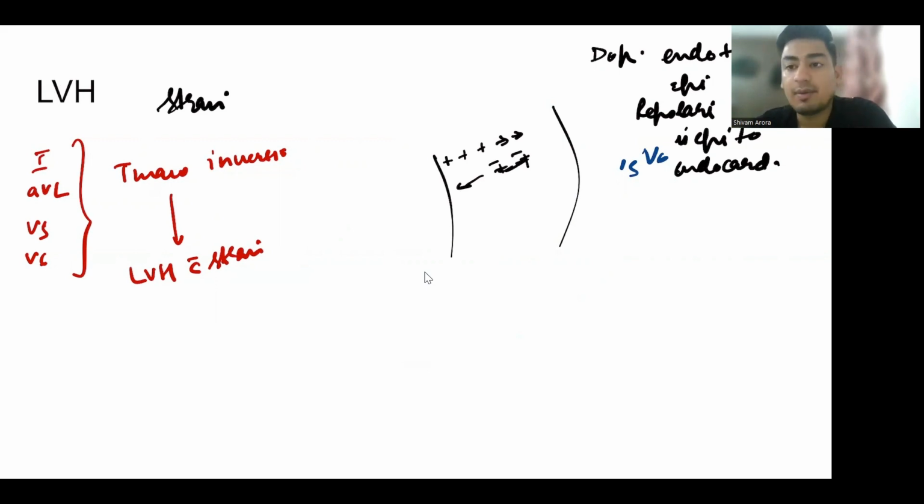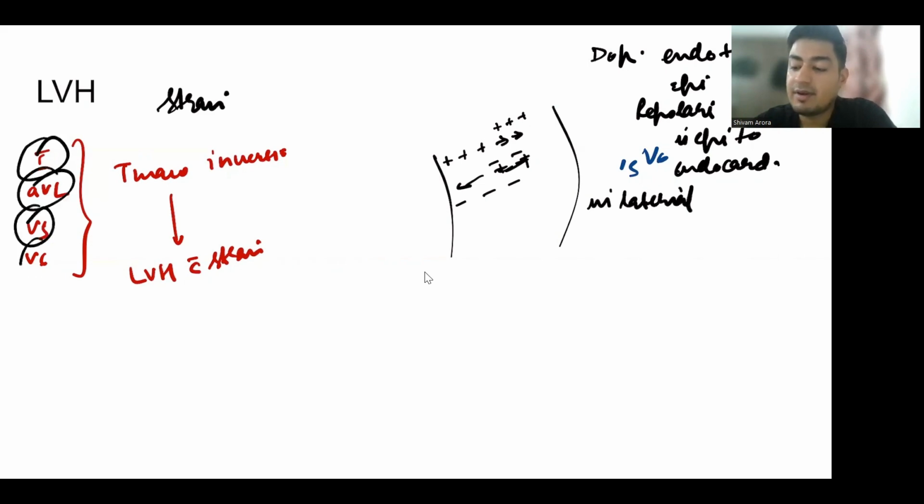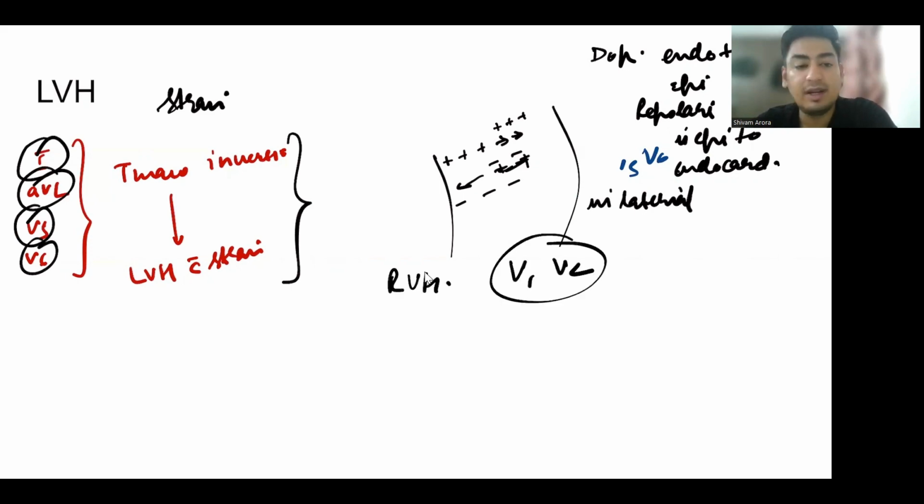But when there is hypertrophy of the LV, the depolarization cannot fully go till the epicardium and repolarization has to start. So the beginning of repolarization is now from endo to epi. So the direction of repolarization reverses in lateral leads. So in LVH, the lateral leads are 1, AVL, V5 and V6 and they will show T-wave inversions. Similarly in RVH, leads V1, V2 which are on the right side will show T-wave inversions.